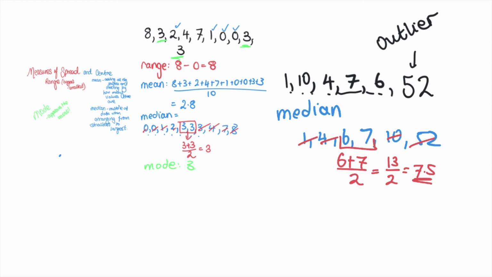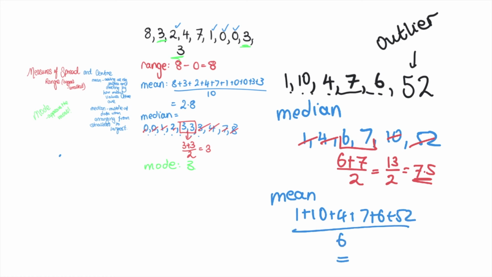But let's try using the mean. It means we're going to add all of these up and divide it by how many numbers there were in the list. And let's see what we get. 13.3 recurring. But hold up, does that seem right? Majority of our numbers are less than 10.